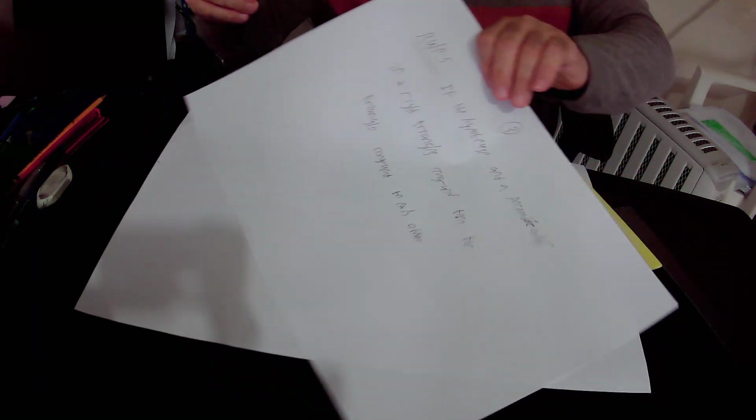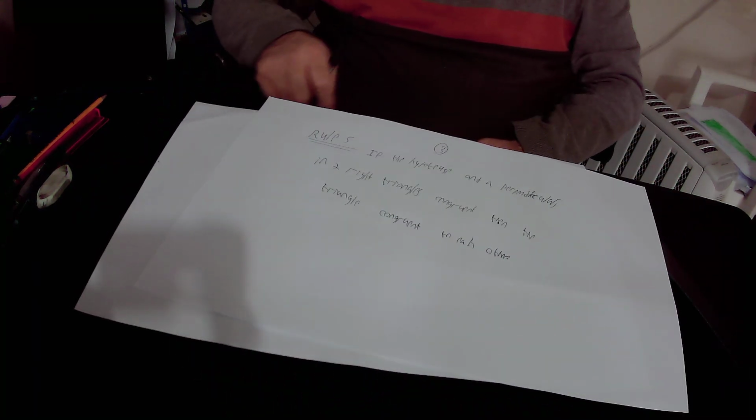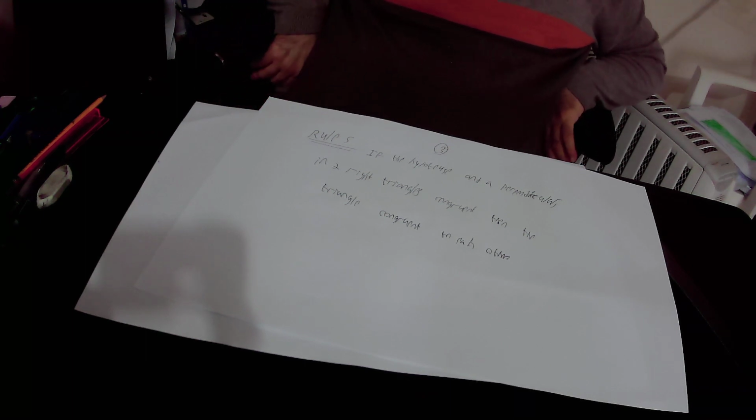Let me read rule number 5 again: if the hypotenuse and the perpendicular in two right triangles are congruent, then the triangles are congruent to each other.